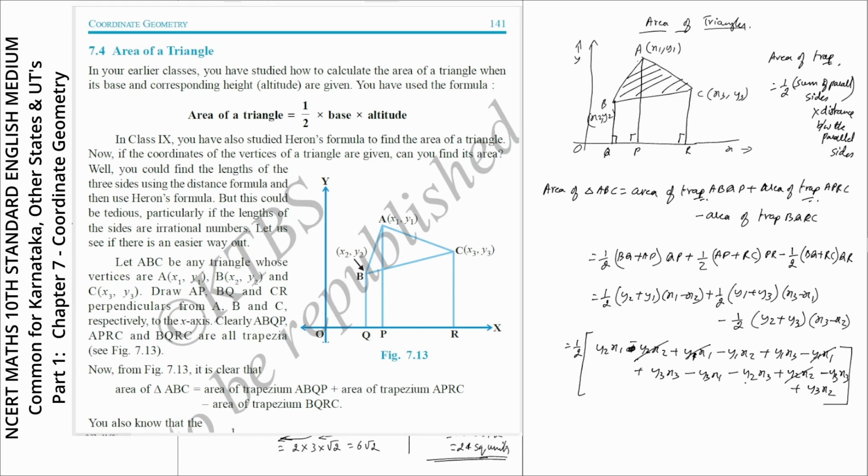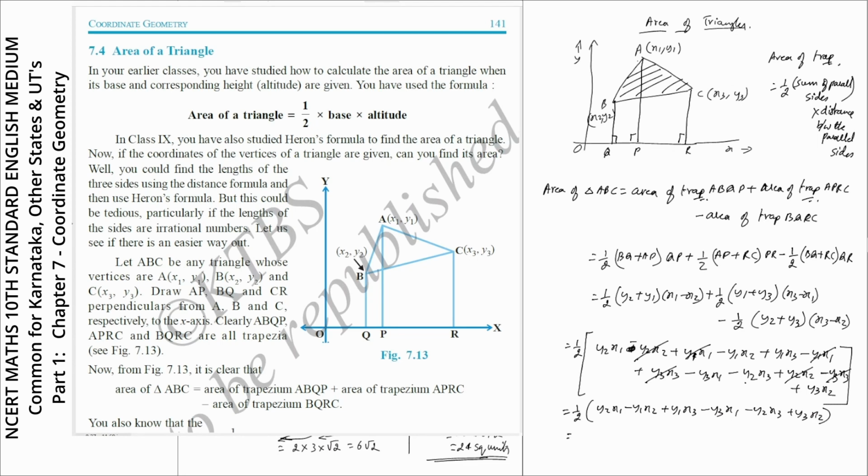Then x3 y3 will get cancelled with x3 y3 here. Now I am left with 1 by 2 into y2 x1 minus y1 x2 plus y1 x3 minus y3 x1 minus y2 x3 plus y3 x2.